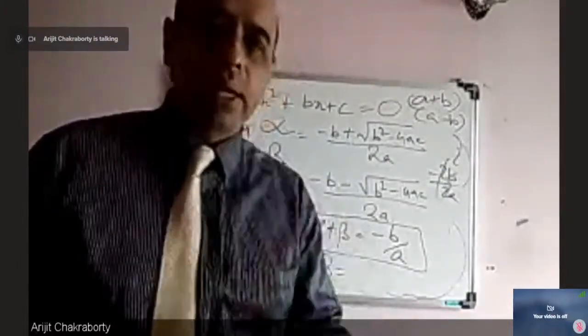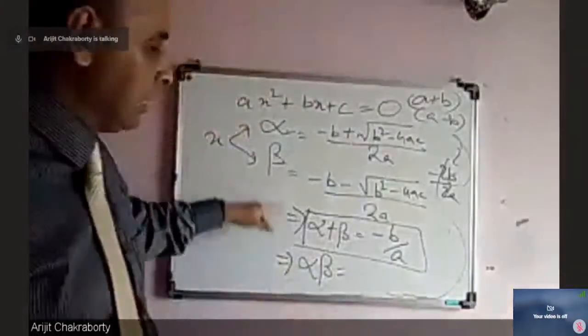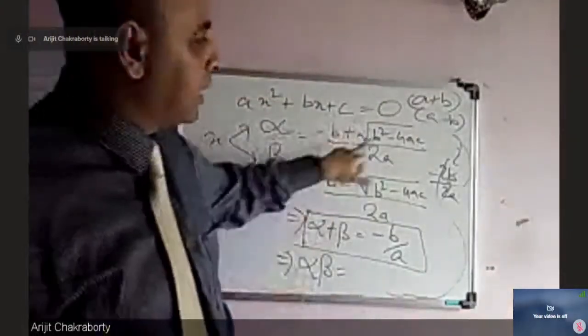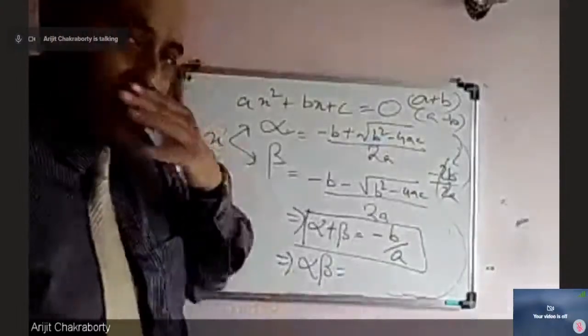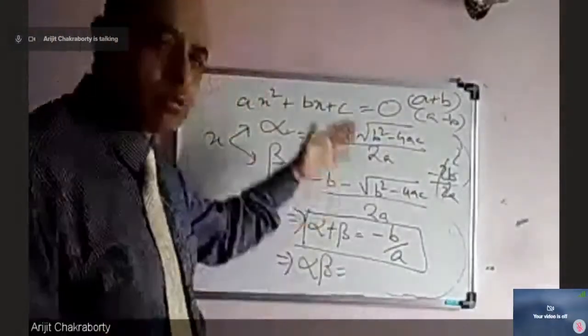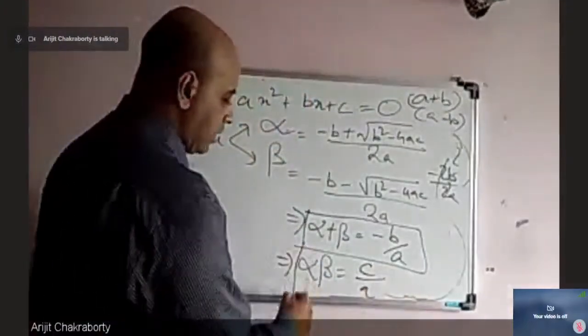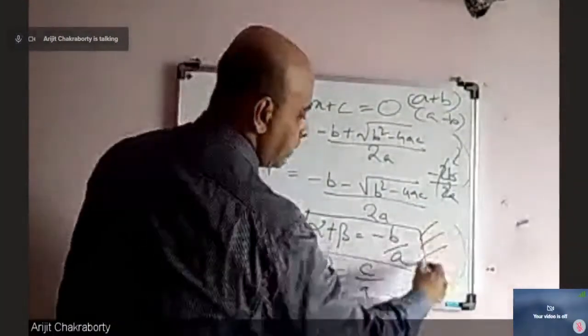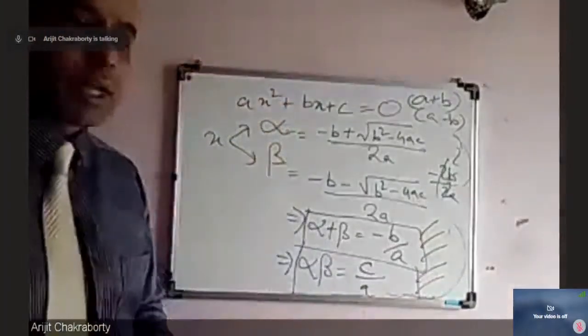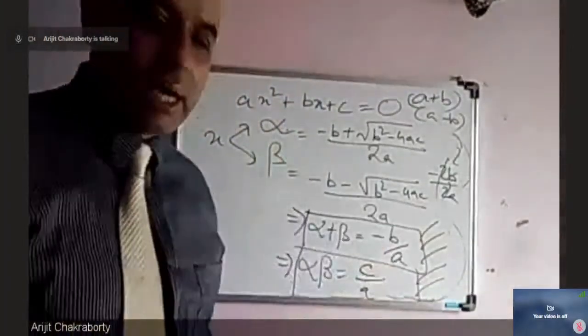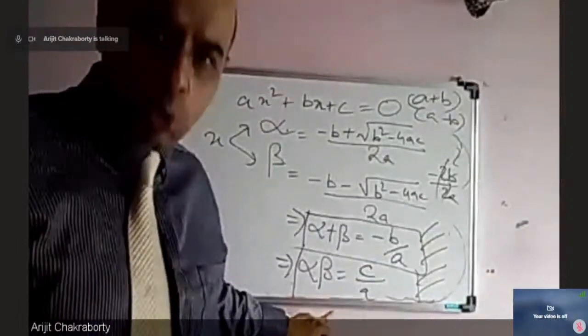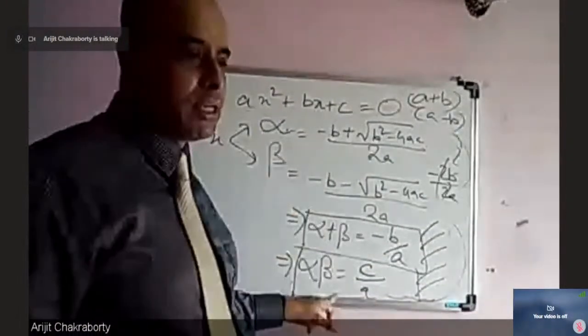You will get a higher score in the exam. So for alpha beta, if you just apply a plus b, a minus b, you will get a square minus b square. If you simplify, the formula will become c by a. Okay, so these are two very important formulas. Alpha plus beta equal to minus b by a, and the product of the two roots, that is alpha beta, is equal to c by a.